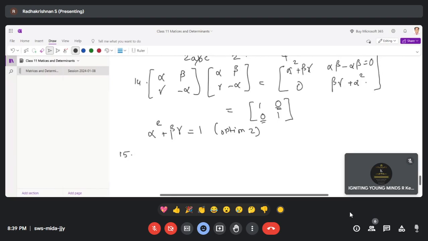Can somebody say what it's equal to? Determinant a, b, c. Sir, I think it's equal to k cube determinant.